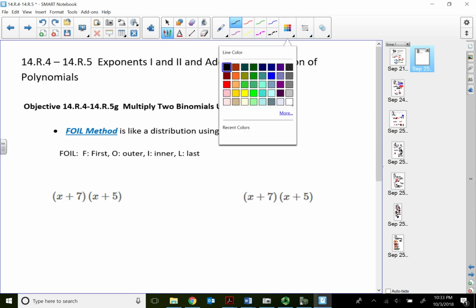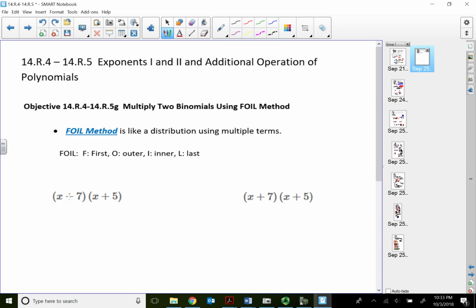Let me show you. Imagine x plus 7 times x plus 5, where there's no plus 7. When you only see this x times x plus 5, our first natural instinct is to do a distribution, so that will be x times the x plus 5.